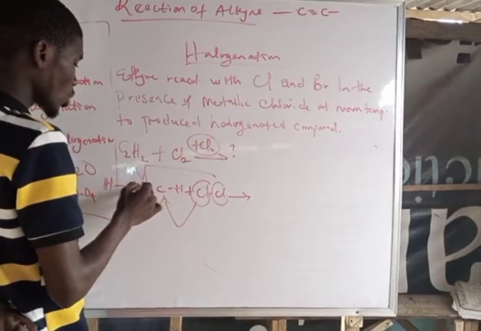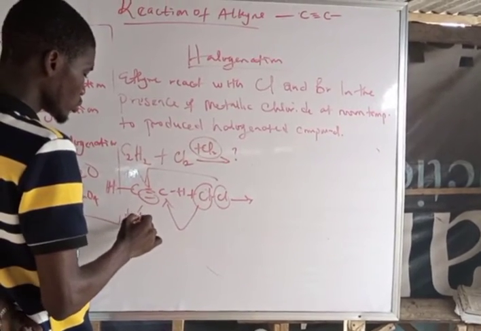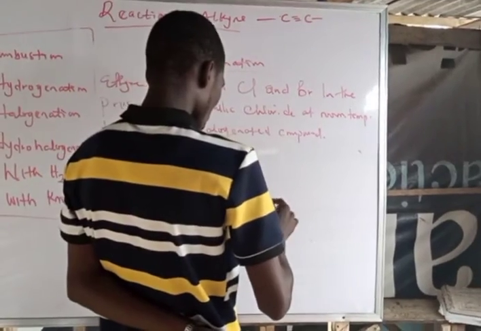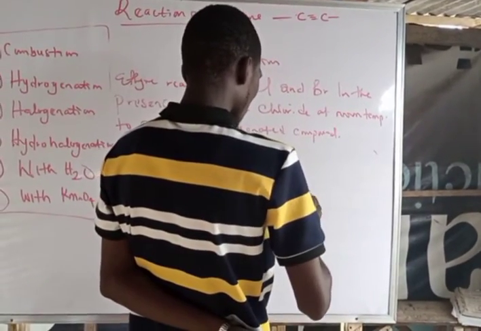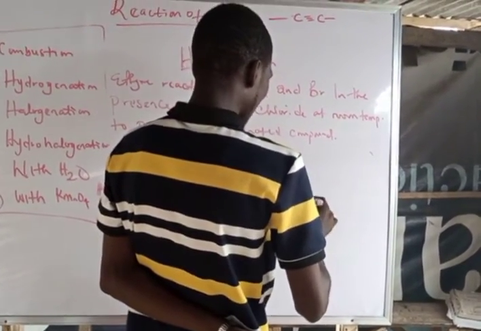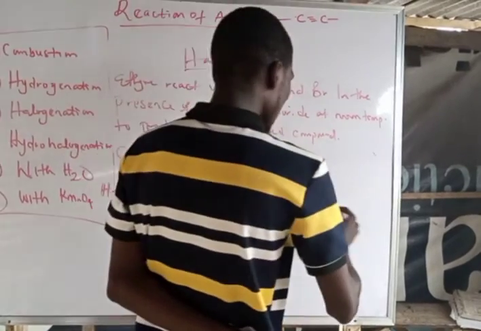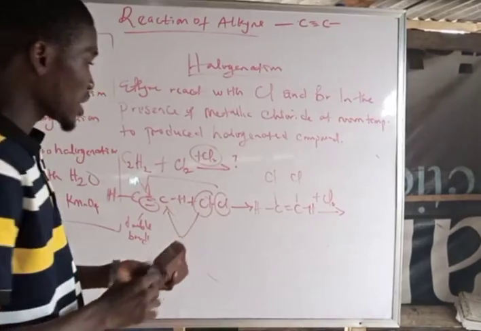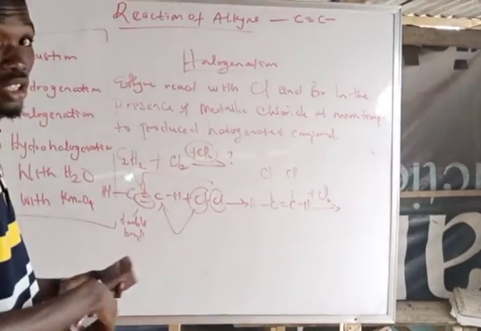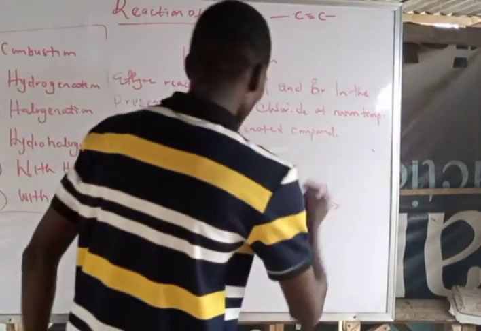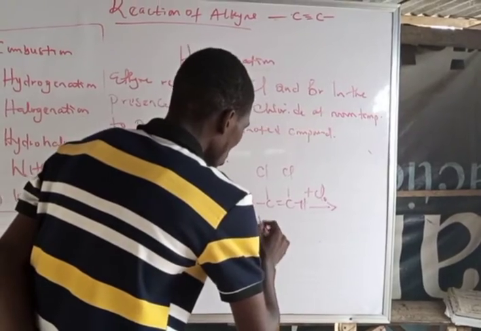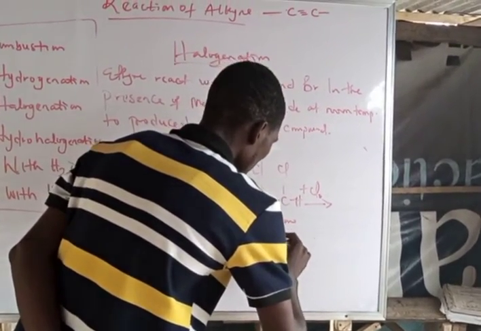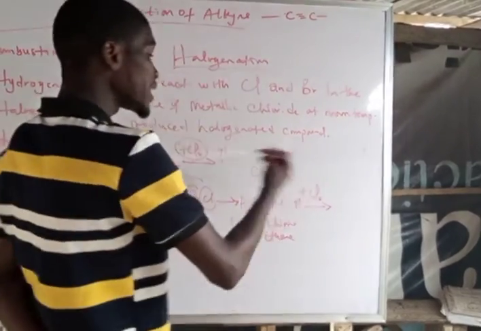So break this bond and turn it to what? A double bond. So with that I can have this double bond, 1 chlorine, second chlorine, and I have what? Hydrogen. Don't forget the chain will continue until we have ethane, which is an addition reaction. So I have this also now. So I call this 1,2-dichloroethene.